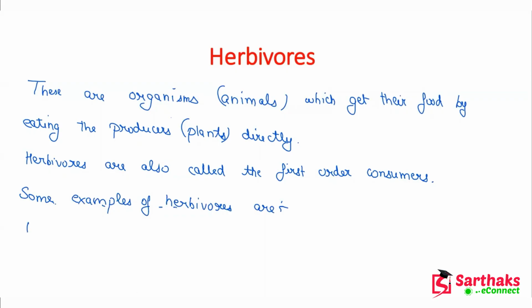They are deer. Rabbit is a herbivore because it eats the plants directly. Squirrel, goat, cattle, etcetera. In cattle, all the cows and buffaloes come. So these are some common examples of herbivores.